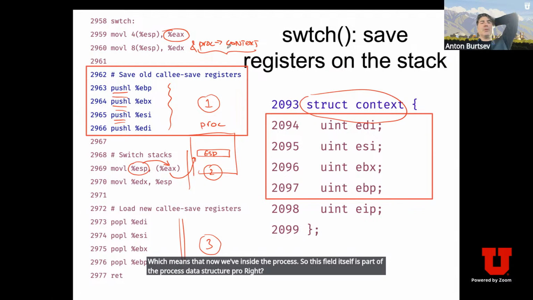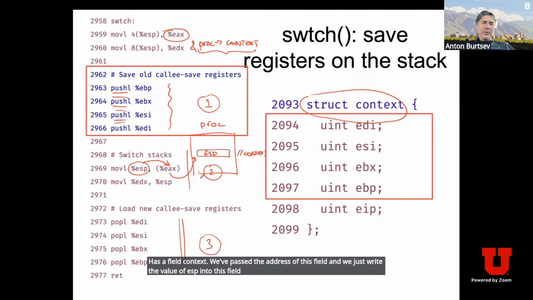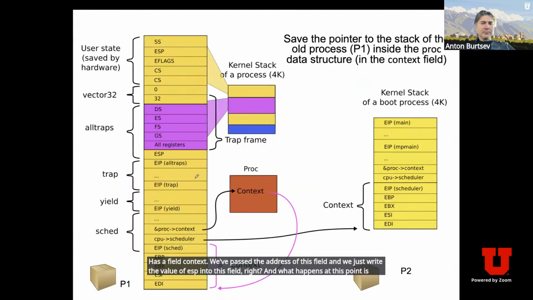Because proc has a field context, we pass the address of this field and we just write the value of ESP into this field, right? And what happens at this point is that we establish this pointer. So this is the field context inside the process data structure.